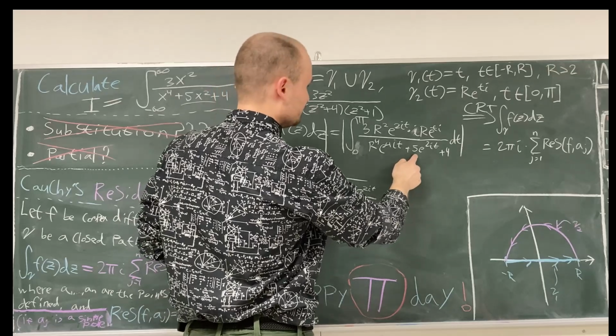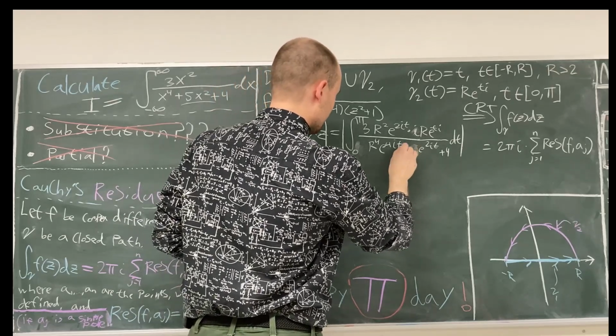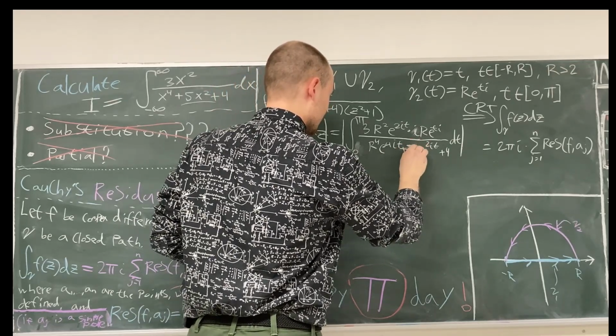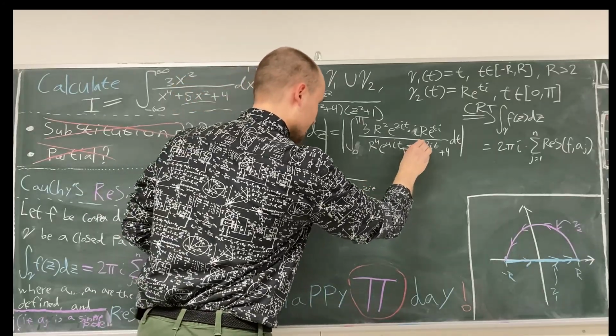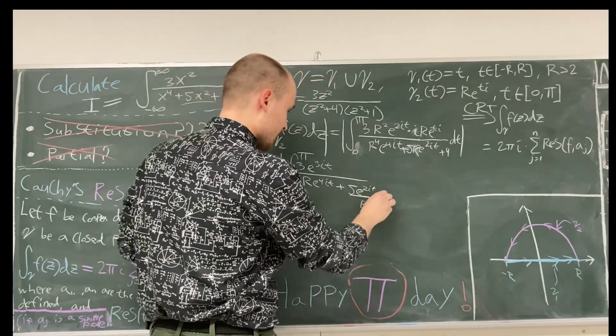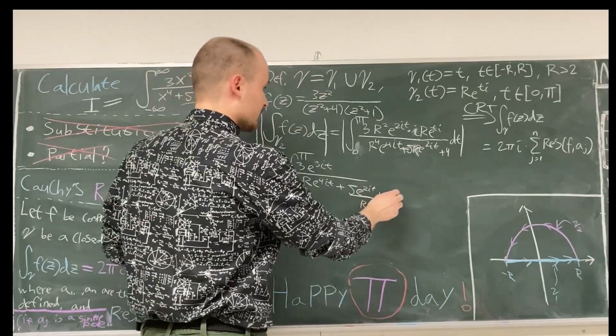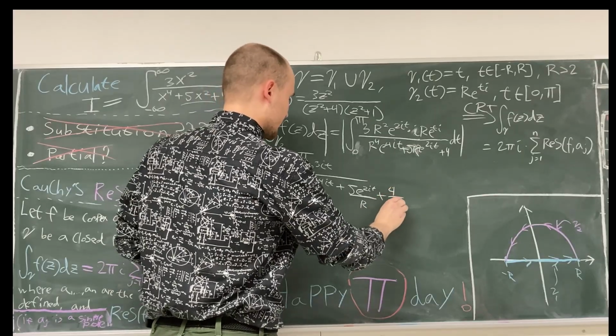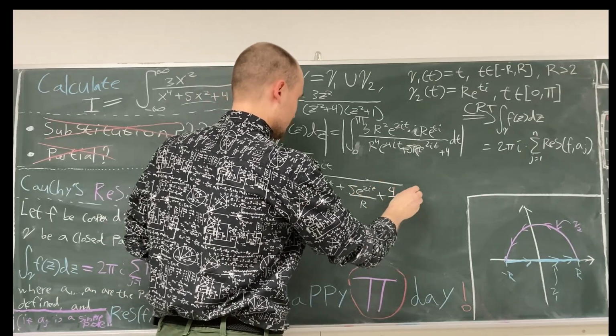Yeah, definitely missed an r squared here as well. Okay, so this is over r, and then plus 4 over r cubed.